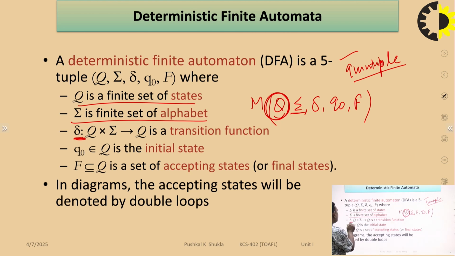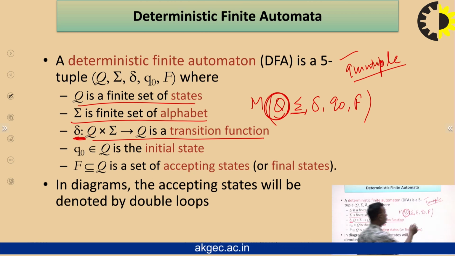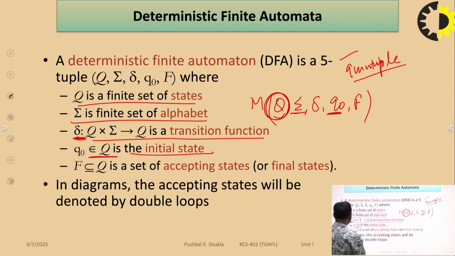Delta is the transition function, mapping from Q × sigma to Q. Q naught is an element of Q, that is the initial state. F is a subset of capital Q, the finite set of states, and is also known as the accepting state or final state.